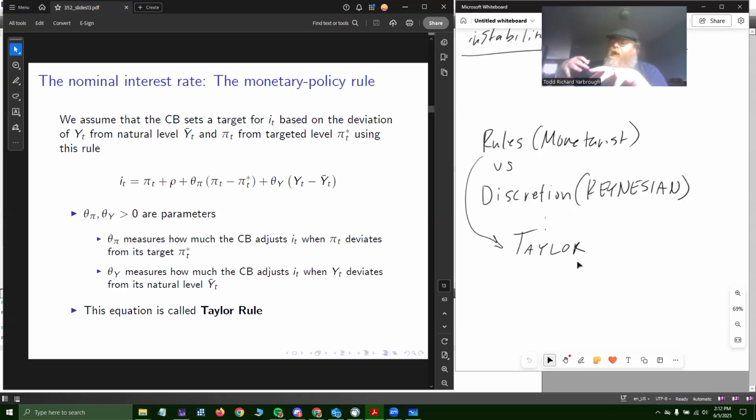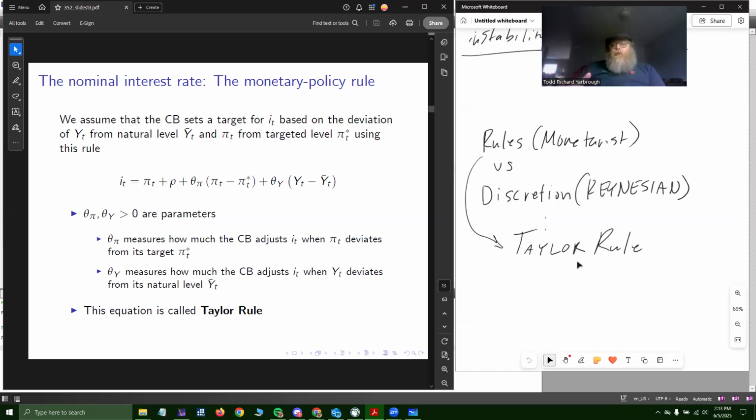So from the monetarist influence, there's this development of monetary policy research in the 80s. And from that research, we get what's called the Taylor Rule. The Taylor Rule is all about the Federal Reserve managing inflation through interest rate targeting.